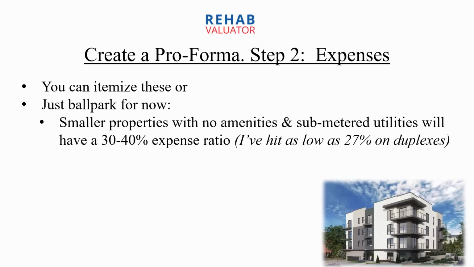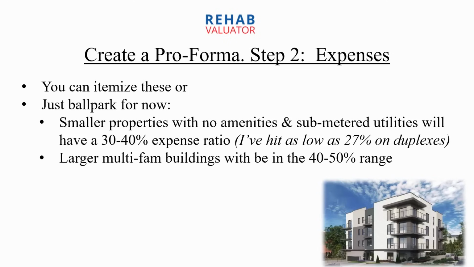Smaller properties with few common areas, no amenities, where all the utilities are sub-metered, should trend towards around 30 to 32% expense ratio from my experience. Now, if you're running them inefficiently, you're still going to be close to 40, but I've hit as low as 27% on my duplexes, which means that 27% is primarily property management, insurance, real estate taxes, maybe some landscaping.